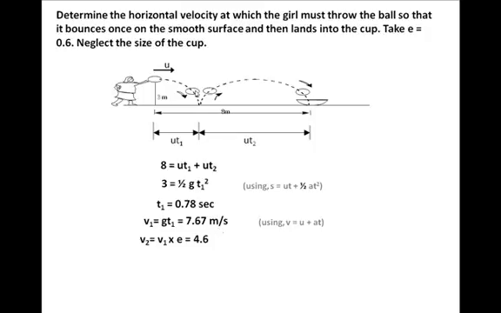And now see this, it hits the ground with 7.67 and then it bounces back. So using collision with infinite body knowledge, this works out to 4.6 because 7.67 into e, 0.6, will give 4.6.